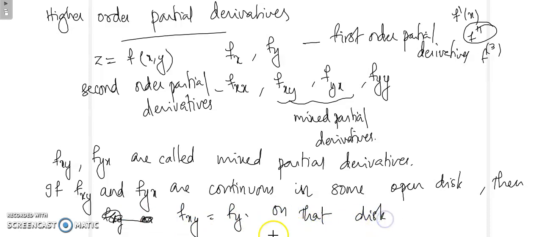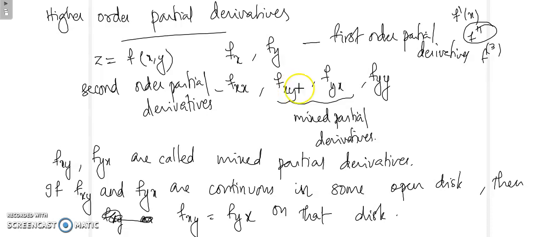So provided your mixed partials are continuous in some open disk, that is the interior of that circle, then in that disk fxy will be equal to fyx. So that is the condition for mixed partial derivatives to be equal. നമ്മൾ usually deal ചെയ്യുന്നത് continuous differentiable ആയിട്ടുള്ള ഫംഗ്ഷൻസ് ആണ് നമ്മൾ എടുക്കുന്നതെല്ലാം. നമ്മൾ ചെയ്യുന്ന എല്ലാ പ്രോബ്ലംസിനും mixed partial derivatives equal ആയിരിക്കും.